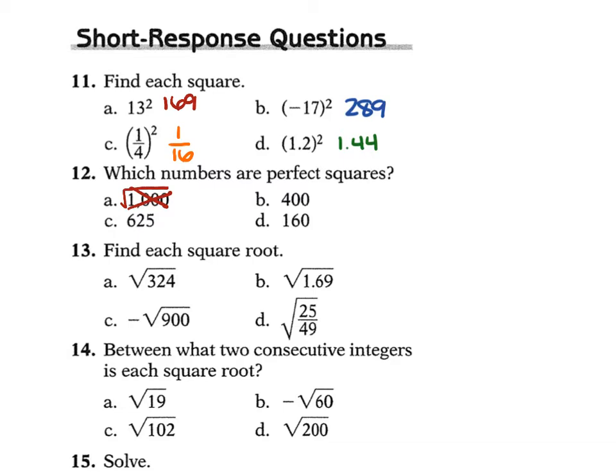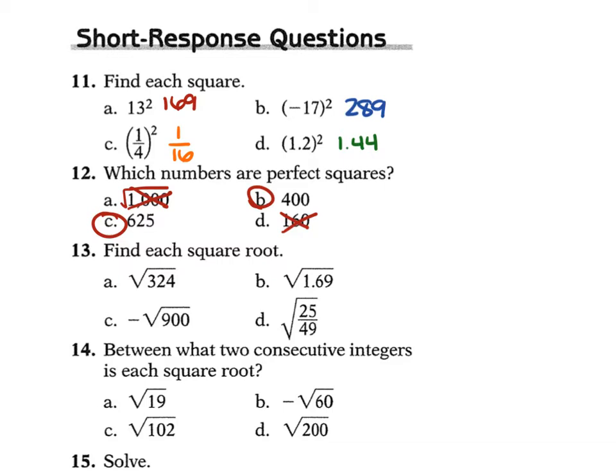The square root of 625 is 25, so this one works. For B, we have 400. Can you take the square root of 400? Yes, it's 20, so that one works. And then for D, you have 160. Yes, the square root of 16 is 4, but that 0 does not match up with another 0, so you cannot take the square root of that one.